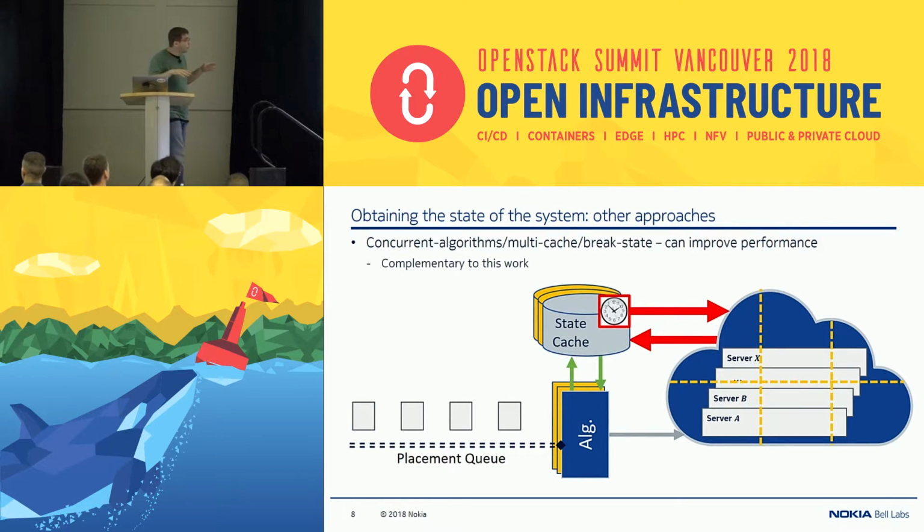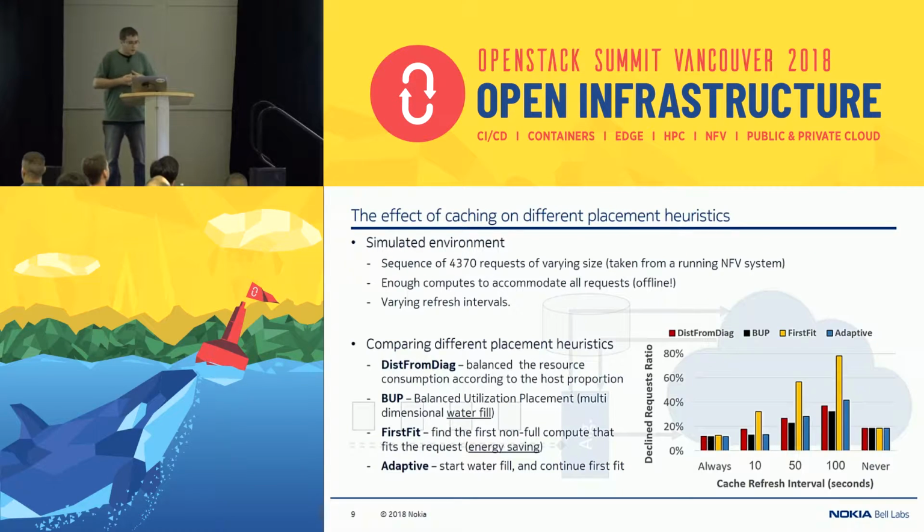All of them are complementary to what we are going to present. It's not something that prevents one another. So let's first show an experiment where we want to measure the effect of caching on different placement heuristics.